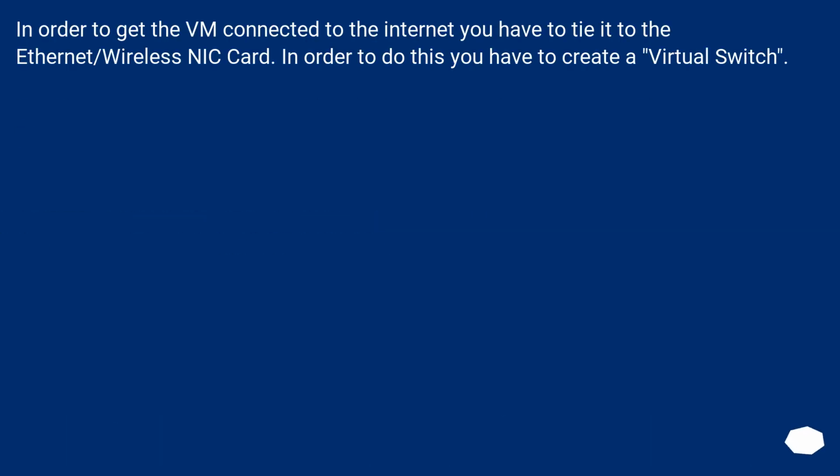In order to get the VM connected to the internet, you have to tie it to the Ethernet/wireless NIC card. In order to do this, you have to create a virtual switch. Open your Hyper-V Manager.